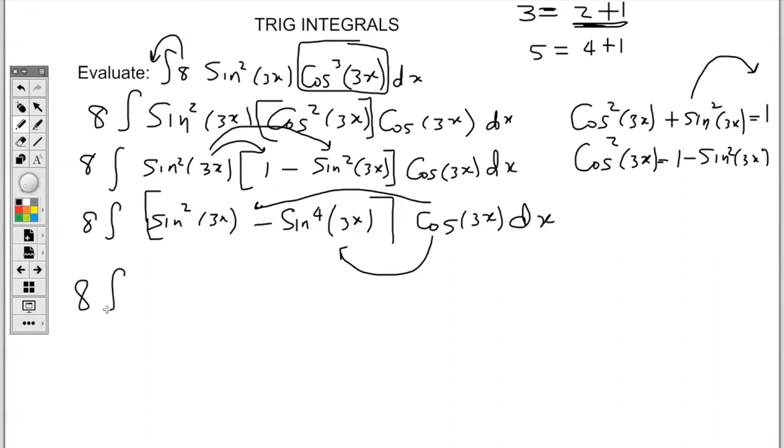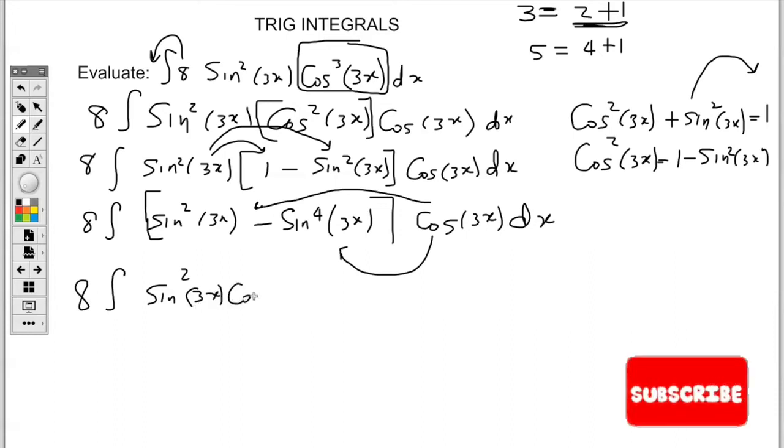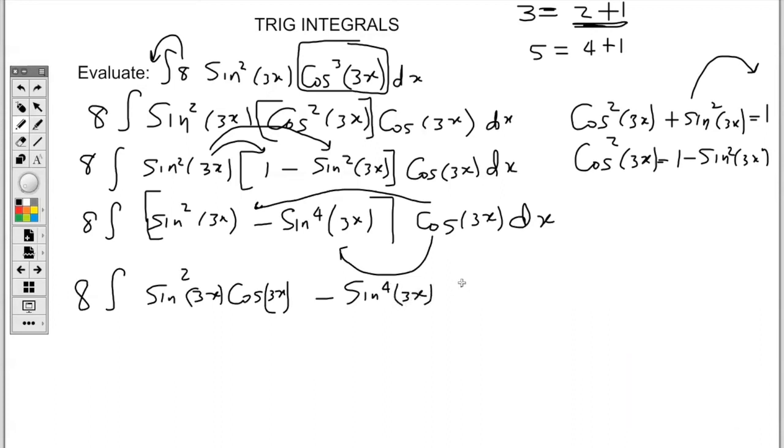So I have 8 integral sine square 3x cos 3x, followed by cos 3x times minus sine to the fourth 3x, that's minus sine to the fourth 3x cos 3x.